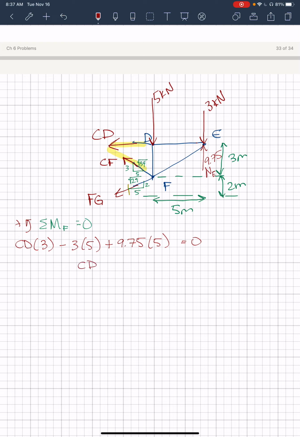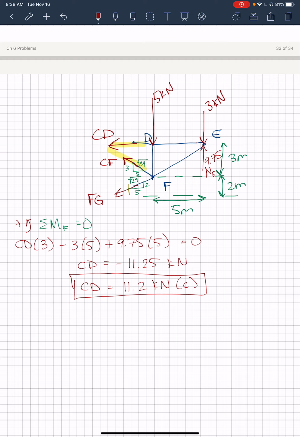So we get CD equal, do the calculations, get a negative 11.25 kilonewtons. So CD equals 11.2 kilonewtons in compression. I just picked the direction wrong, and that's what you get when you do that negative sign.